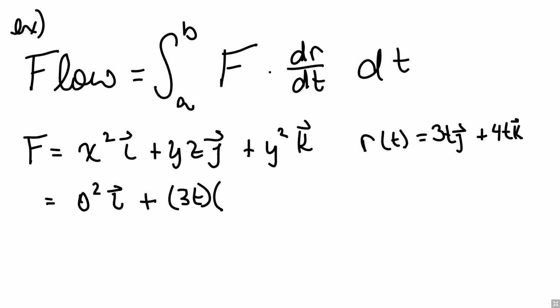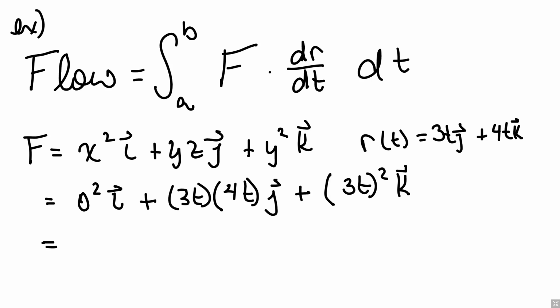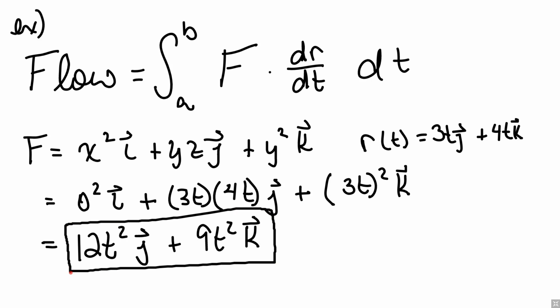And in place of z, 4t, in the j direction, plus y, which we identified as 3t, squared, in the k direction. So our vector field in terms of time is 12t squared in the j direction plus 9t squared in the k direction. So here's our velocity field.